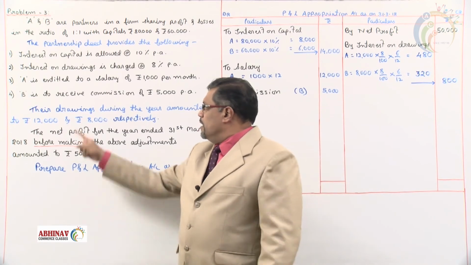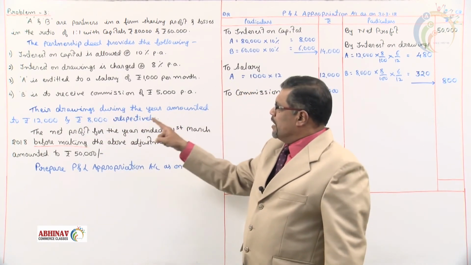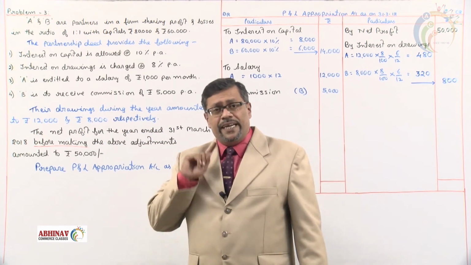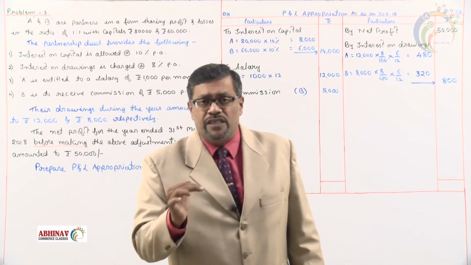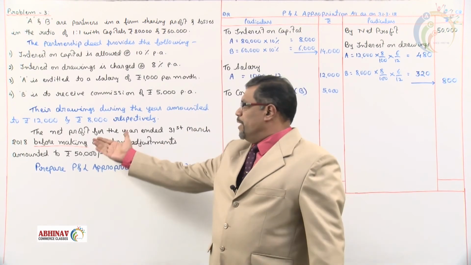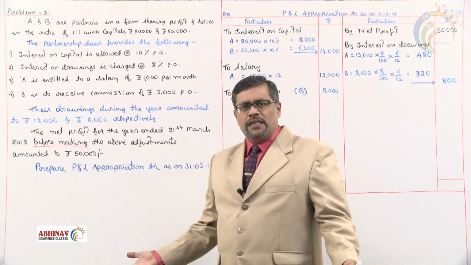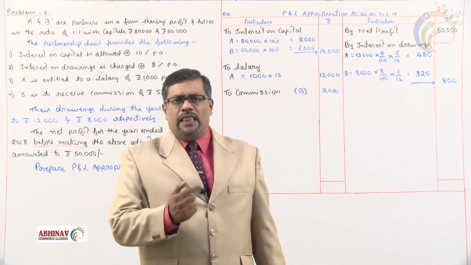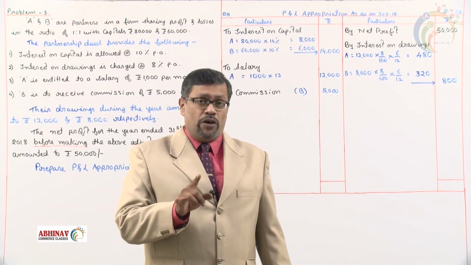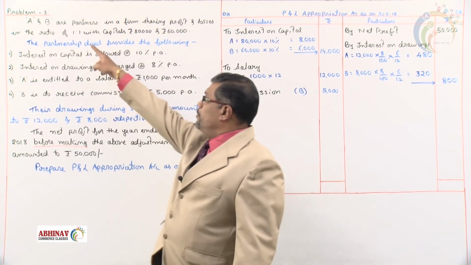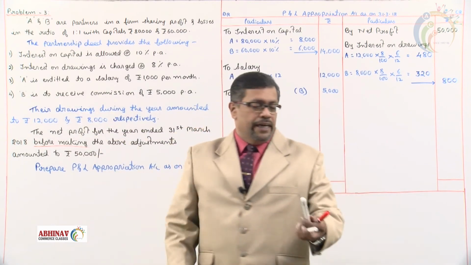Next. The drawings during the year amounted to 12 and 8 will be taken in the capital account, which reduces the capital balance. Net profit is taken as 50,000. That's all. These are the transactions. Let us balance. We get either a profit or a loss. We'll distribute in the ratio of 1:1.